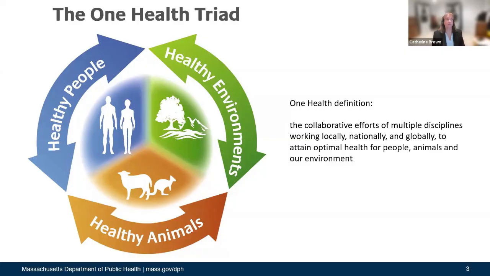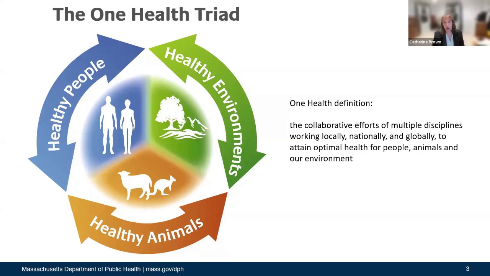I really believe that true One Health, in its purest sense, requires not just that understanding, but the collaborative efforts of all of the disciplines that work in those different areas.